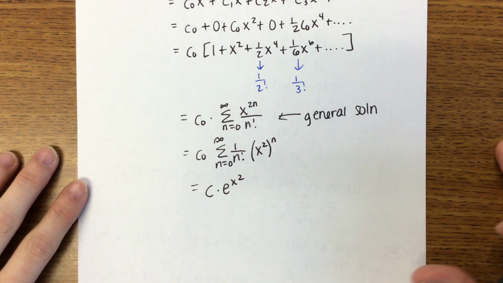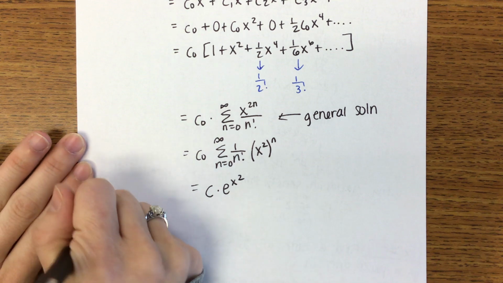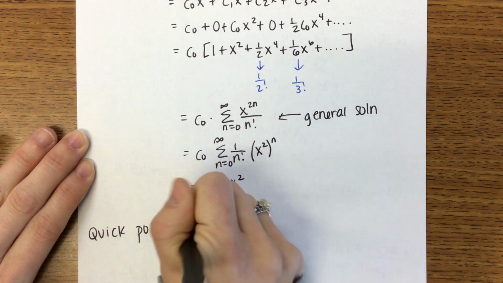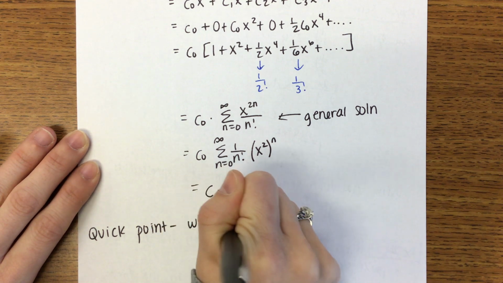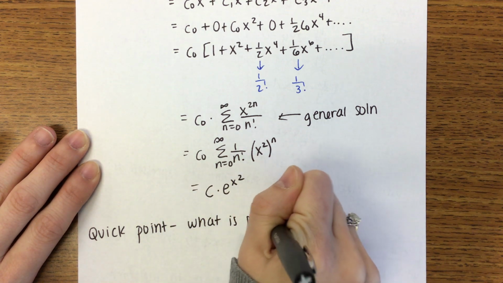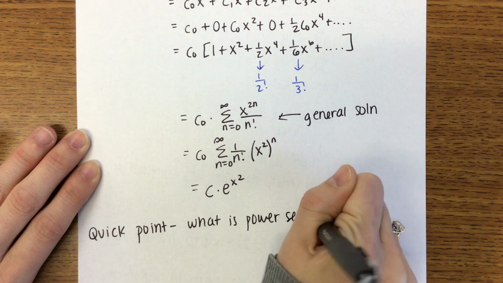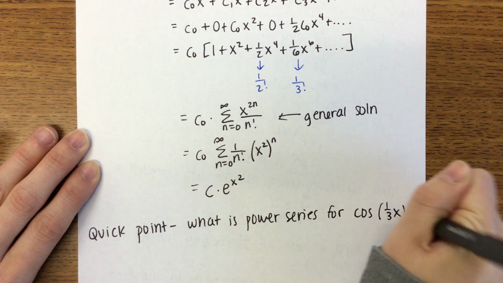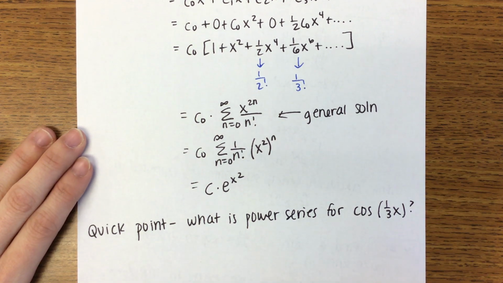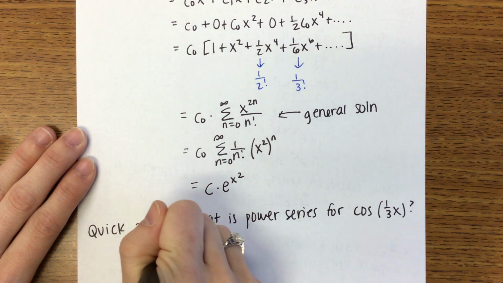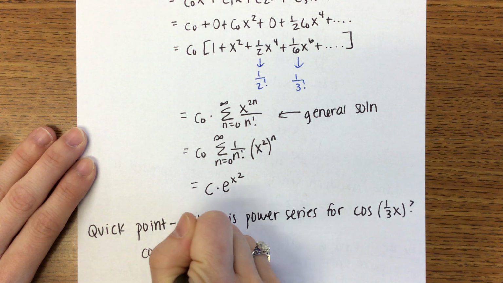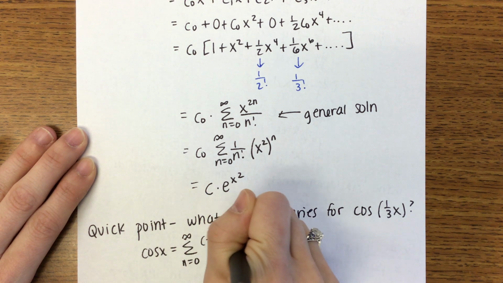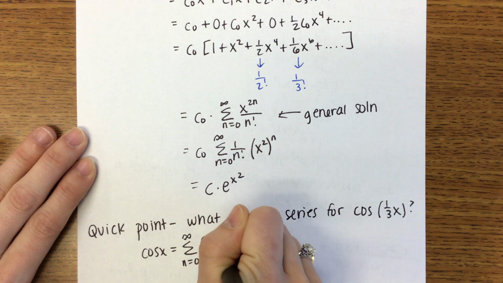So a quick point, and then I want to do another example. What is the power series for cosine of 1/3 x? So we talked about yesterday, or we reviewed yesterday, cosine is the sum from n equals 0 to infinity of -1 to the n, x to the 2n over 2n factorial.